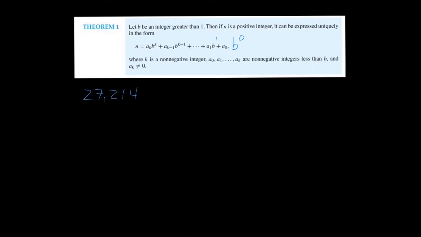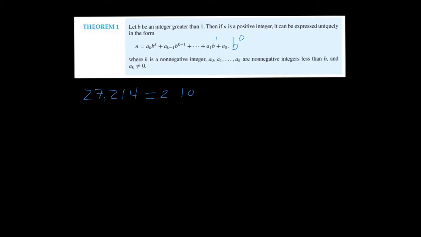27,214, this can be written as 2 times 10 because it's a decimal number. And so we need to see what power we're going to put on 10. Well, here is the 0th power, the ones place. Here's 10 to the first power, the tens. 10 squared, the 100s. 10 cubed, the 1000s.